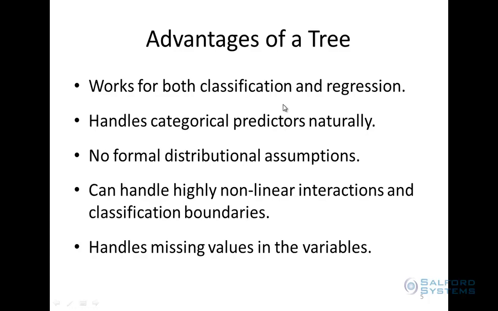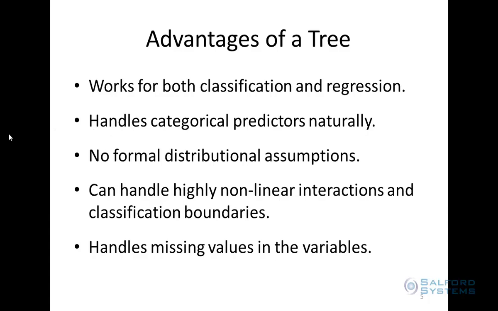The advantages of trees, which you all know about, are that they work for both regression and classification. They can handle categorical predictors in a very natural way. You just send some categories to the left and some categories to the right. They make no formal distributional assumptions, so we're not going to say these data come from the normal distribution or anything like that.